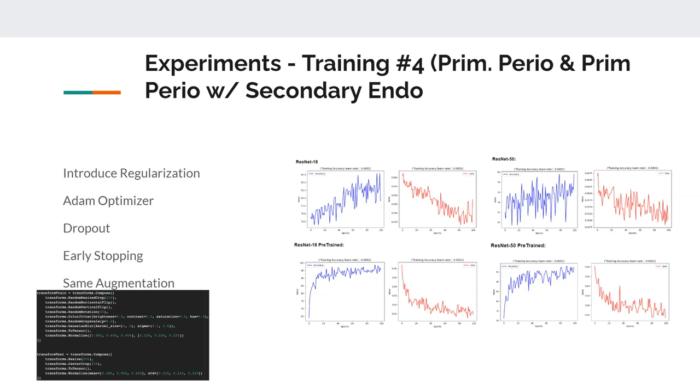In this experiment I continued to apply the same difficult augmentation, regularization and optimization as the last experiment, to help introduce more generalization of the model.